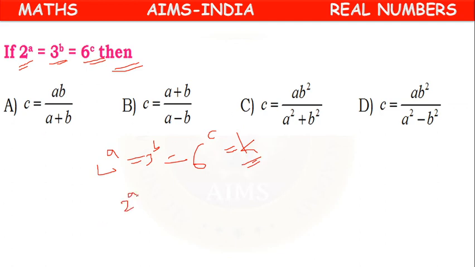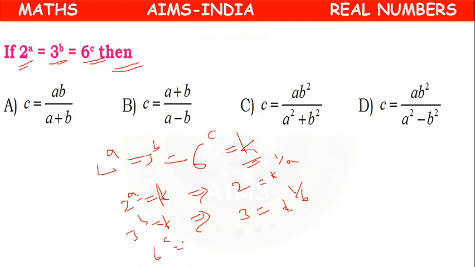Then we can write separately 2 power a equal to k, which implies 2 equals k power 1 by a. 3 power b equal to k implies 3 equals k power 1 by b. 6 power c equal to k, which implies 6 equals k power 1 by c.